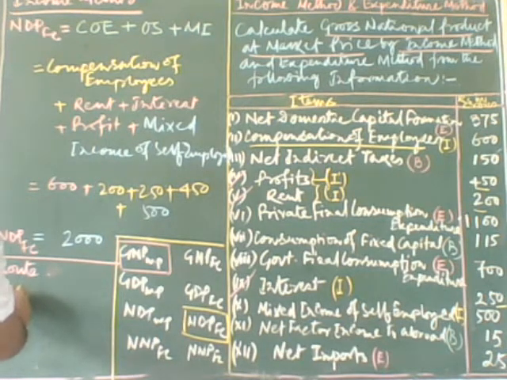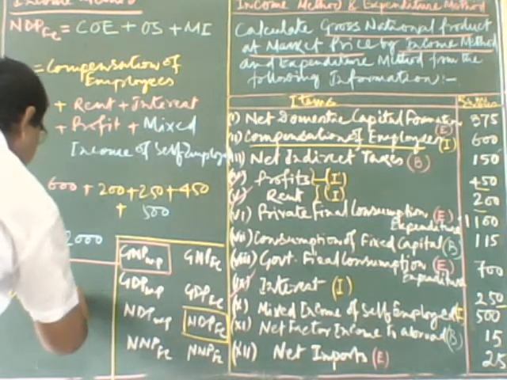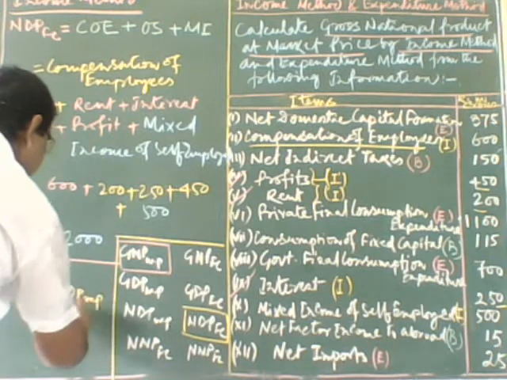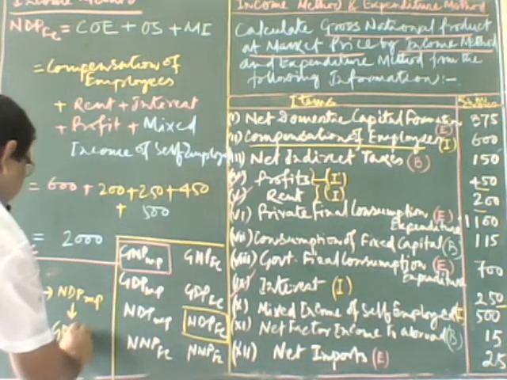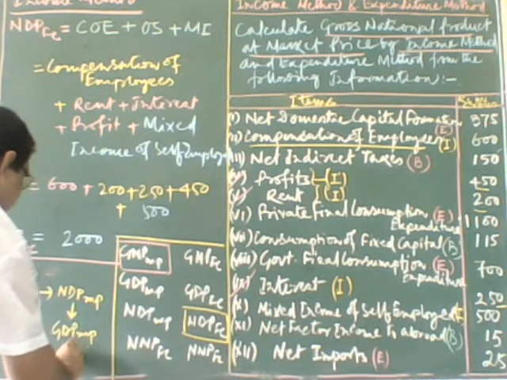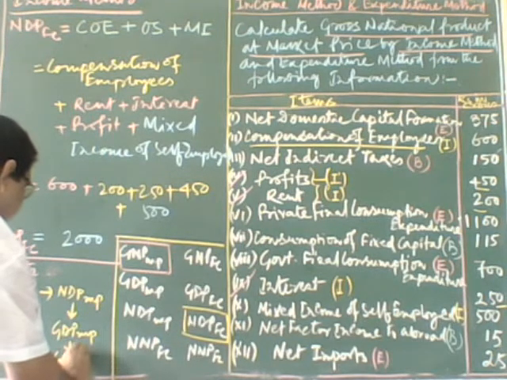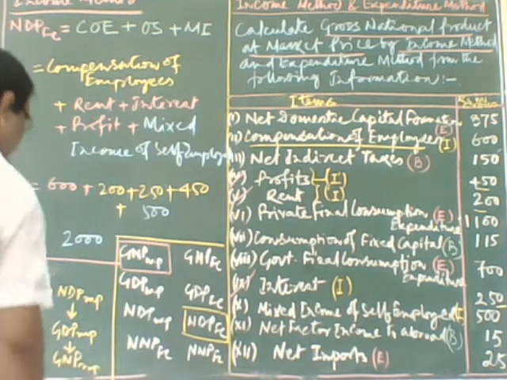NDP factor cost to NDP market price, NDP market price to GDP market price. Then you have to calculate the value of GNP market price.